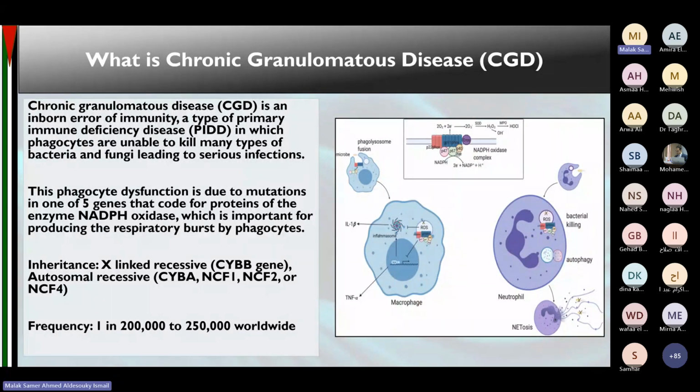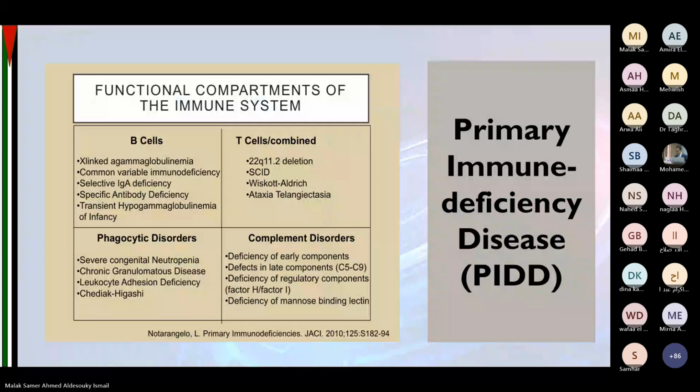CGD falls under the umbrella of primary immune deficiency diseases, or PIDD, which are classified according to the cell or immune component affected. And here in our case, chronic granulomatous disease falls under the phagocytic disorders.